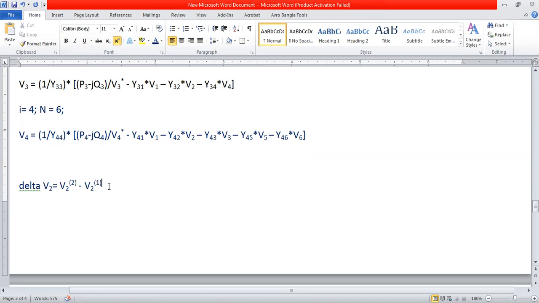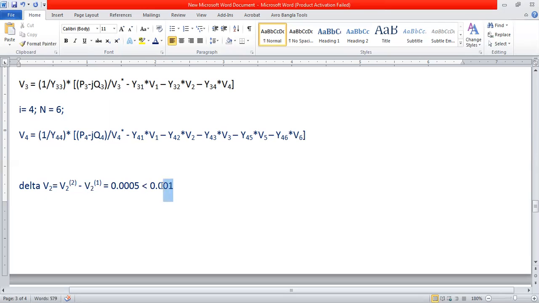If this difference is equal to 0, it means that the voltage magnitude and angle we have found after the second iteration is the answer. And if this value is like 0.0005, this satisfies the tolerance level because it is less than 0.001.